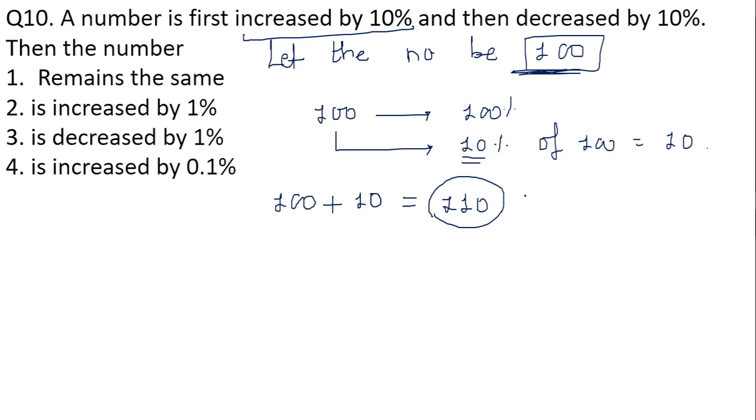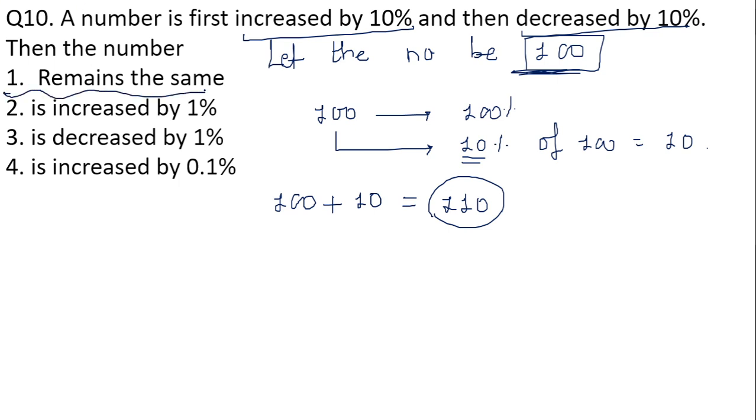Many students first do 100 plus 10, meaning they increase 100 by 10% and get 110. Now the mistake they make is that they decrease the number 100 again by 10%, so they simply write the answer as remaining the same.